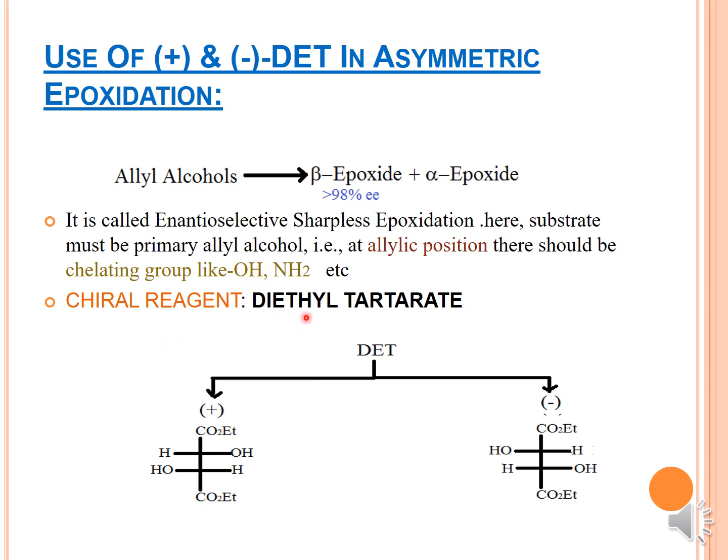There are two types of DET, DET being diethyl tartrate, okay? One is plus DET and the other is minus DET. Just go through the structures for plus DET and minus DET. That will be acting as your chiral reagent, DET, okay?